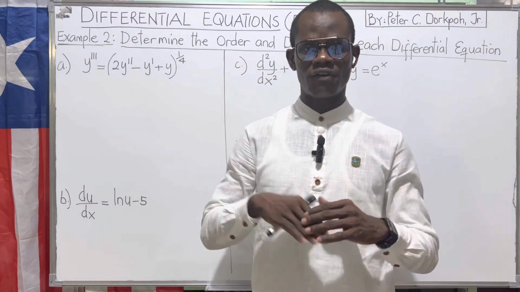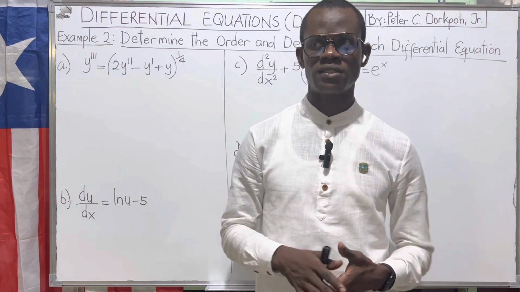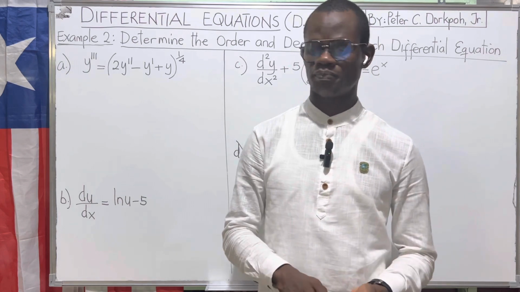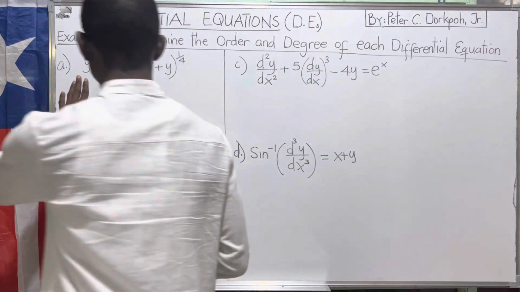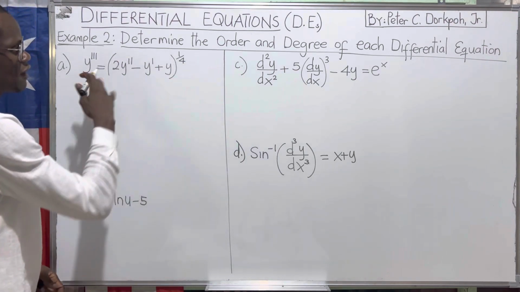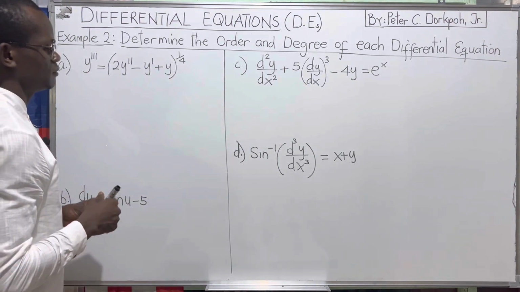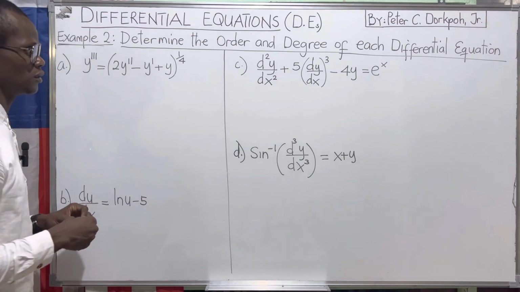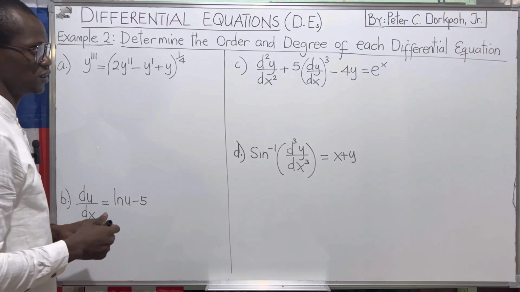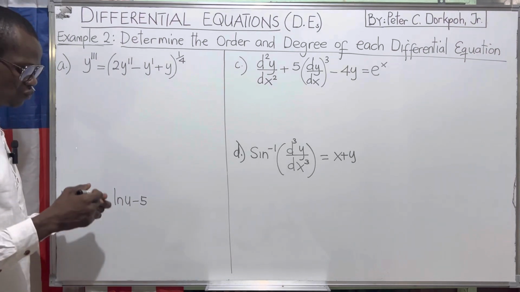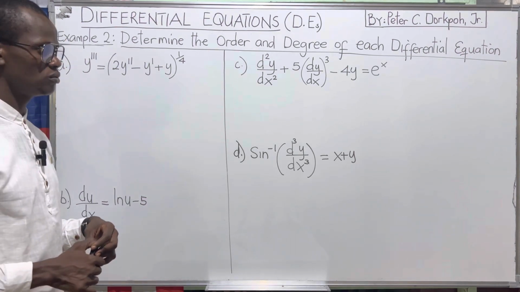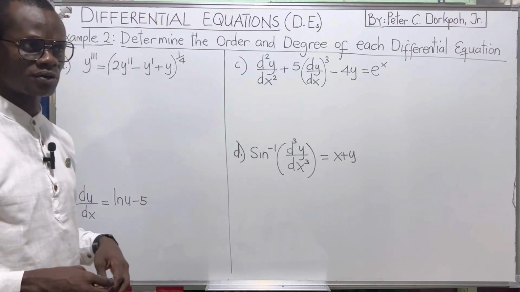What becomes the problem is finding the power of the highest derivative. That's when you will have to look at the entire problem and ensure that it is in a much simplified form. So for this, the order is just 3. But let's simplify further, and then we can determine both the order and the degree of the differential equation. We said for our problem to be simplified, we should not have fractional powers.